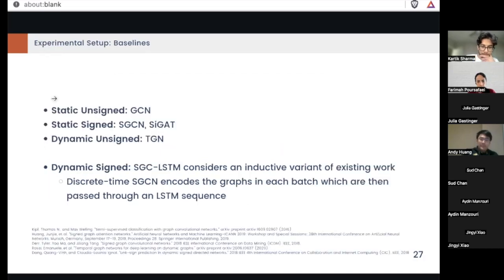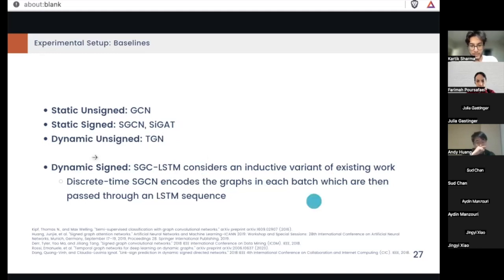From the baselines, we use GCN and SGCN. SiGAT is just SGCN, but with some tweaks like using GAT and other things. For dynamic unsigned, we used the normal TGN model. We also consider this SGCN-LSTM network.